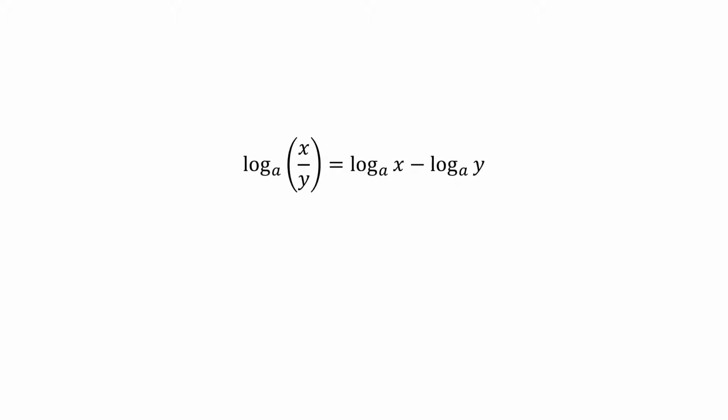So let's say that we were to try it. We're going to say a to the m is equal to x and a to the n is equal to y, which means, of course, that if we do a log on both sides, we're going to end up with log base a of a to the m is equal to log base a of x.